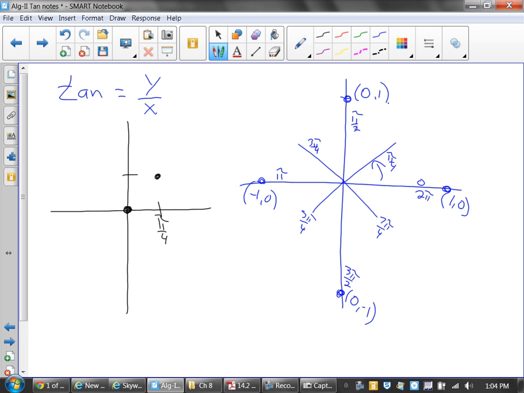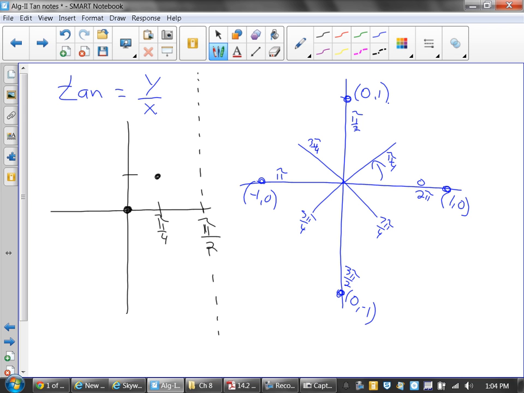What happens at pi over 2? What's tangent at pi over 2? It's undefined. When you have an undefined value in your graphing, how do you represent that? A vertical asymptote. Remember, when you have a vertical asymptote, that's when you have a 0 in your denominator. So at pi over 2, you have a vertical asymptote.